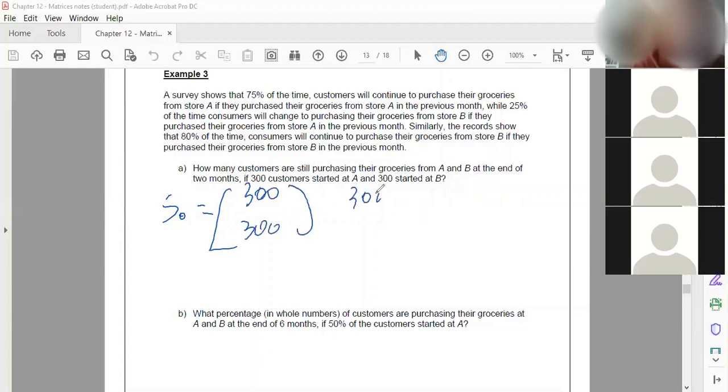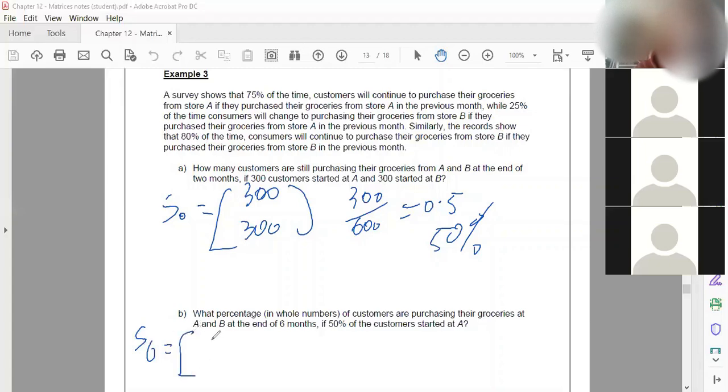So 300 out of 600, 0.5, 50%. Okay, but now we want it after 6 months. So we're going to go S of 6, which is 0.75, 0.25, 0.2, 0.8, power of 6 times 300, 300.